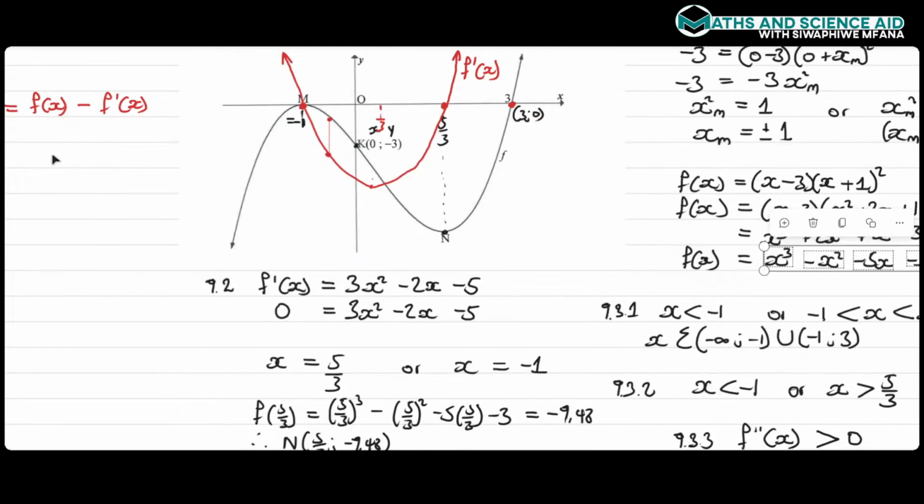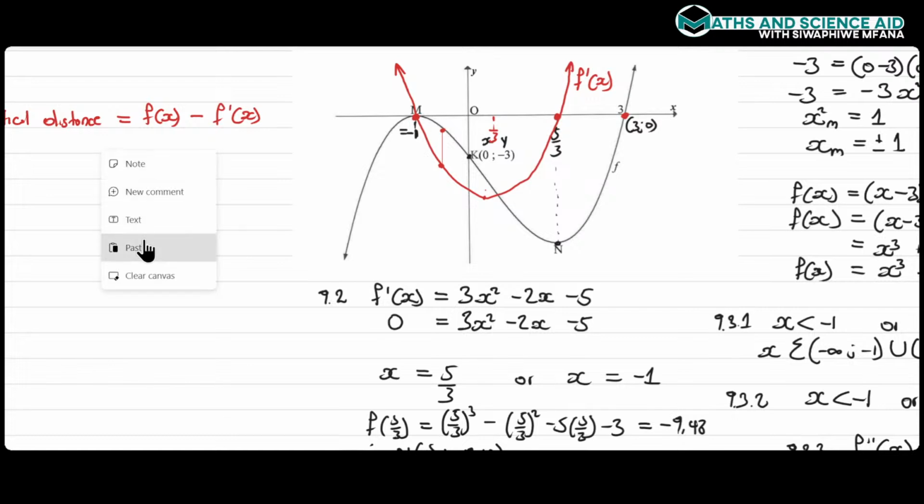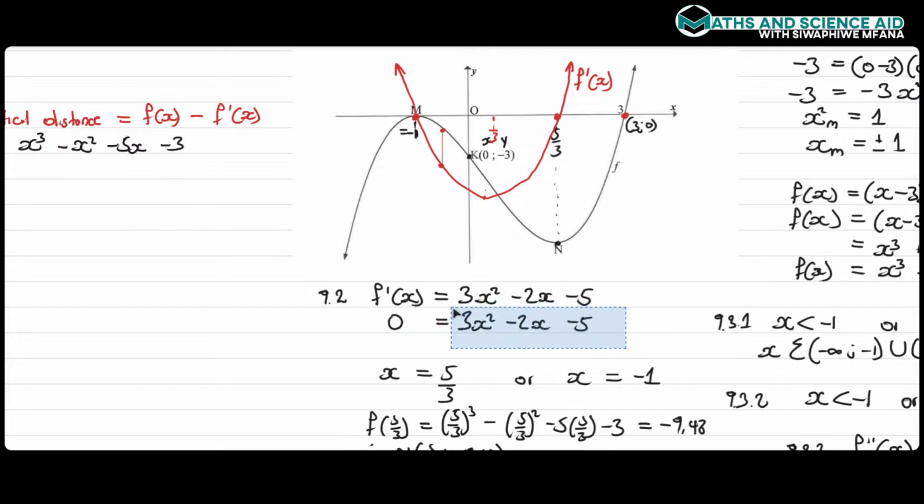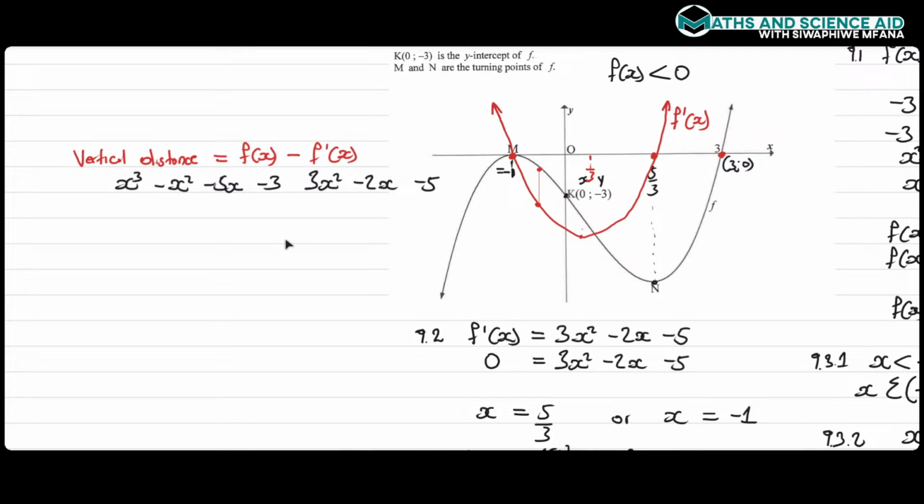I'm gonna substitute it in here, right? And we'll do the same thing for f prime of x. Here is the equation for f prime of x. And so note here, the reason that I even wanted us to draft this, so that you can have a picture, is because as you are setting this equation up, it's important that you subtract the smaller y value from the bigger y value.